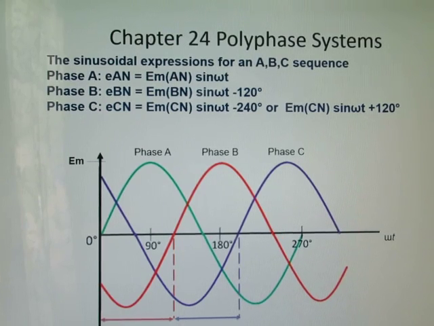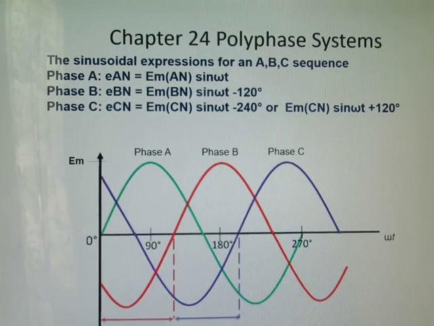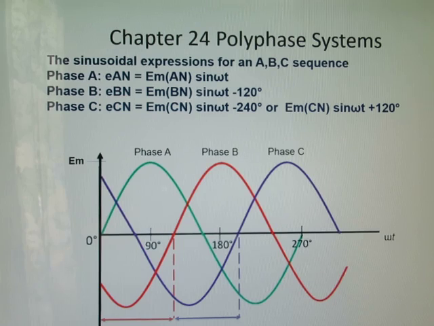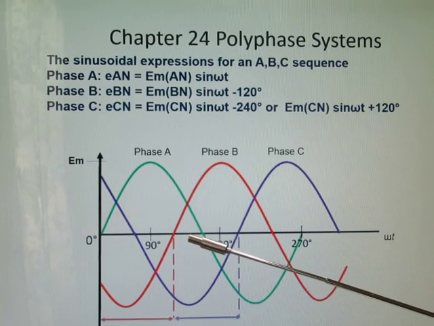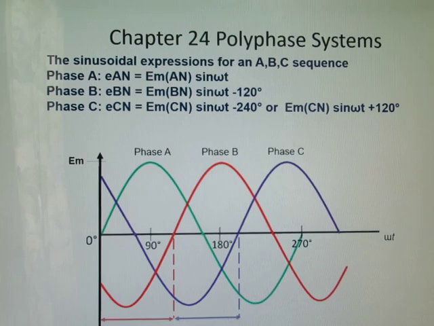So the respective sinusoidal expressions for the induced voltages of a three-phase generator equal the peak value times the sine of the angular velocity times time. Then we have a respective phase shift according to that 120 degrees out of phase with each other. Remember that B is 120 degrees to the right, which means it's minus 120.